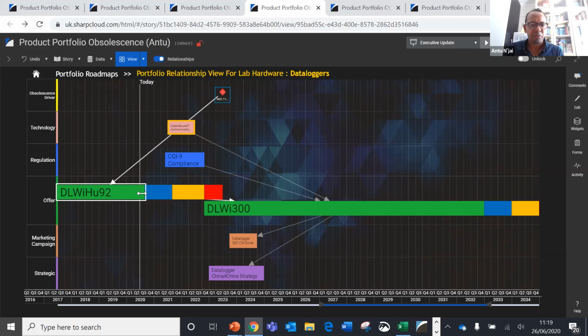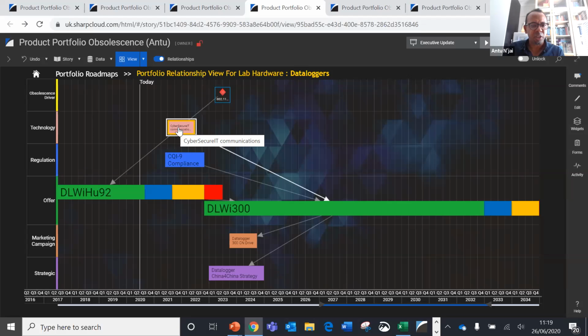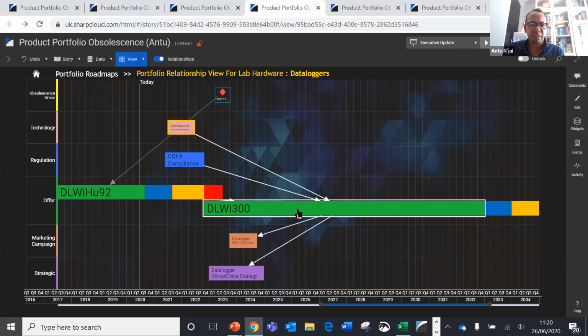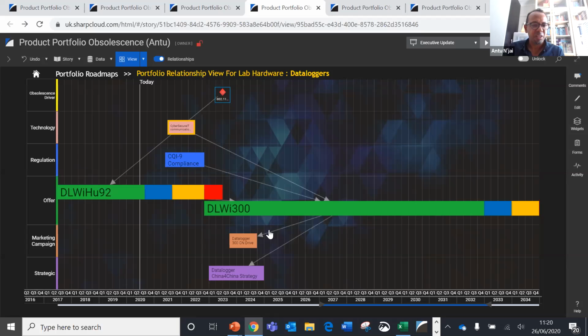This product's going out of service and going into support only by around 2023. By looking at it holistically and thinking about how we can respond as an organization, we're able to see that in response to that drive of becoming obsolescent, we can look to deliver new technology, achieve the relevant compliance within this particular period, to then allow a product to be delivered for this sort of timescale, giving a long revenue stream, supported by the relevant marketing campaigns and in alignment with our strategic objectives.